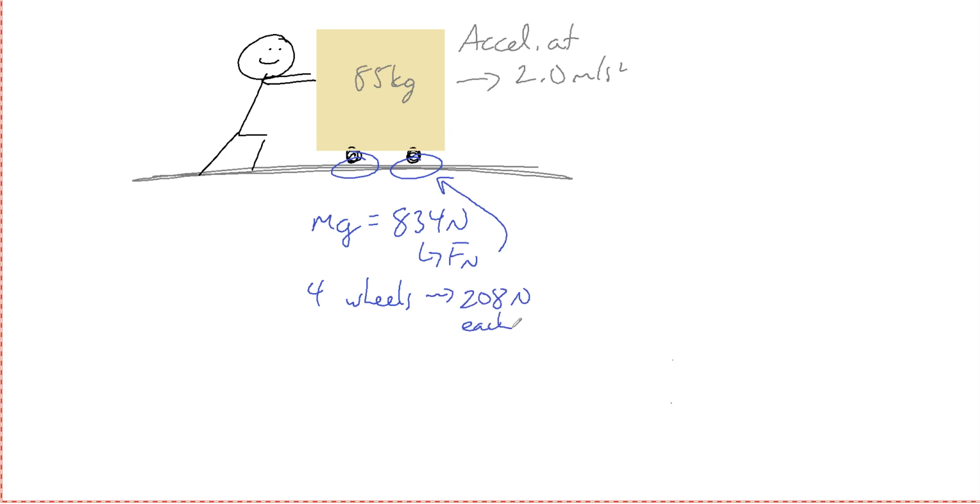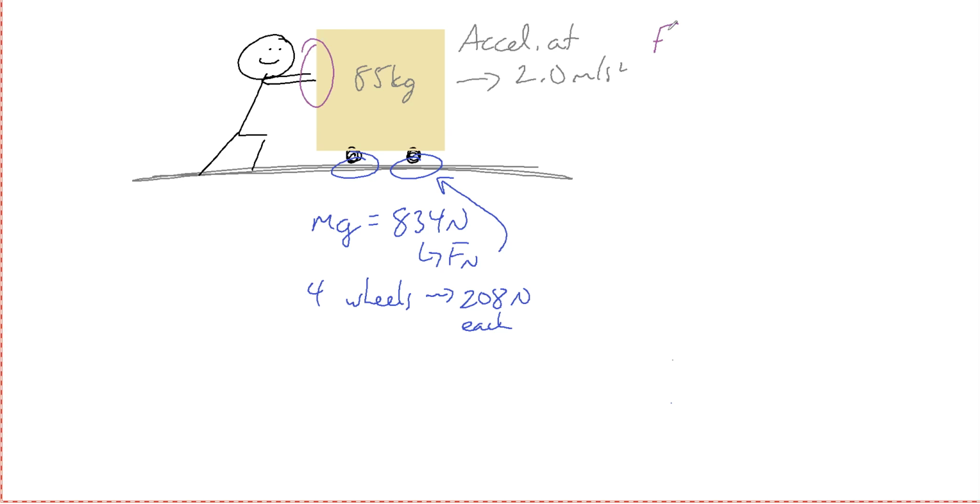Another really common place for normal force on this box is another place where there's contact between surfaces, and that would be right here. The guy is pushing on the box, so there's normal force between his hands and the box. And of course, him pushing is causing the F equals ma, it's causing the box to accelerate.